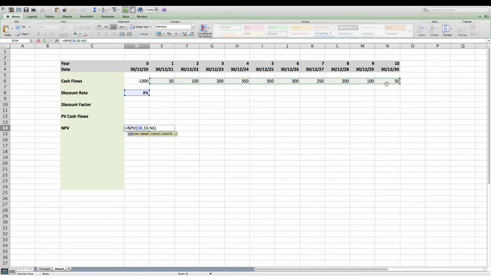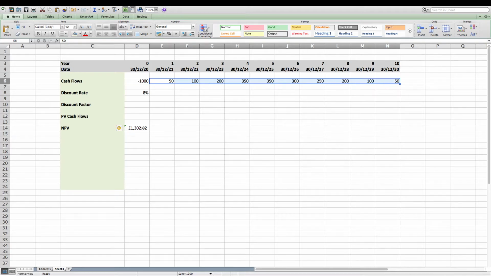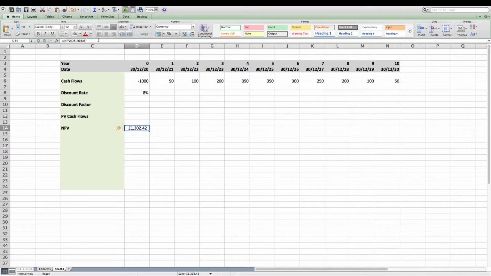And what the function does is it automatically discounts this stream of cash flows to today. Now, if you remember from the definition that we covered in the previous video, the NPV is the difference between the present value of future cash inflows and the present value of the cash outflows, which in this case is this cash outflow of $1,000 in year 0.